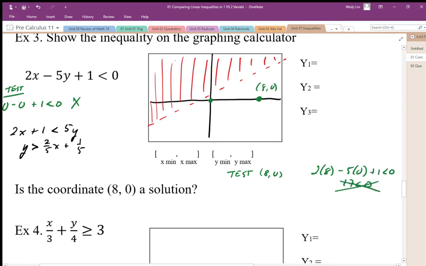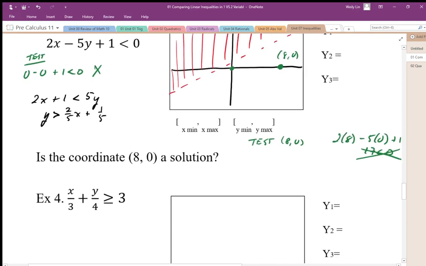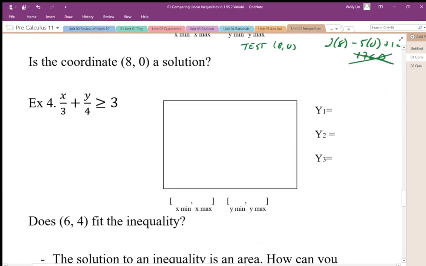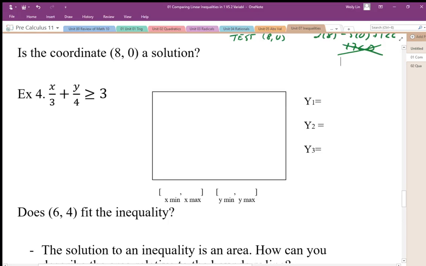So it is not part of the solution region, and the solution, again, remember, for a two variable inequality is an area or a whole bunch of x, y coordinates. So moving on to this one here, again, we can just plug this into our Desmos graphing tool.